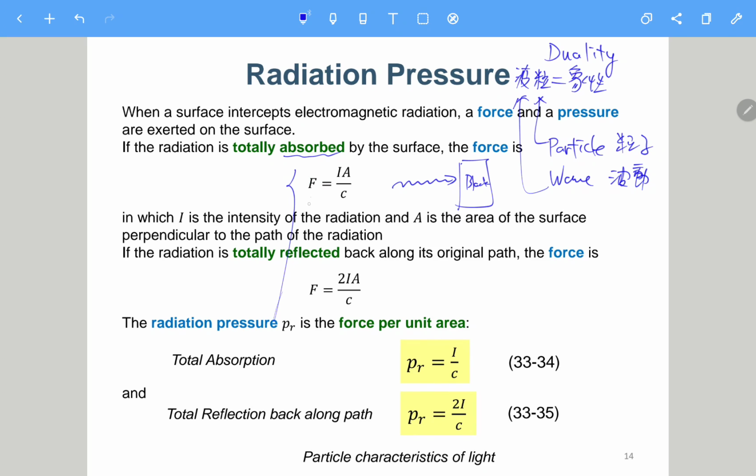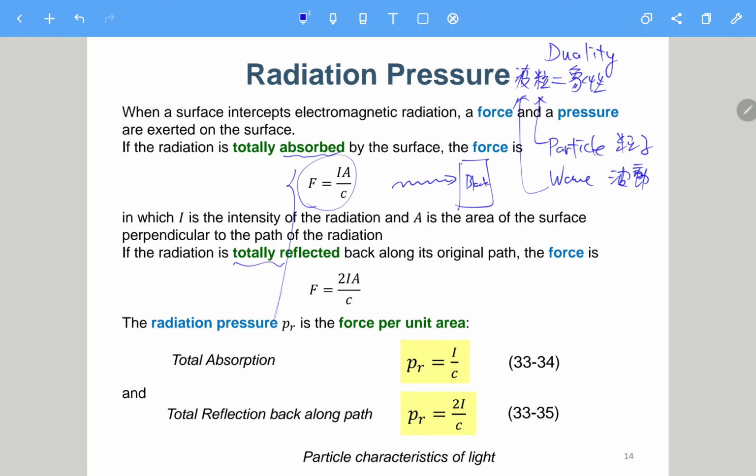Then there will be a force acting on it, like if you have a spotlight shooting on you, even though you don't look at the light, you feel like there's something shooting on you, which is the photon.